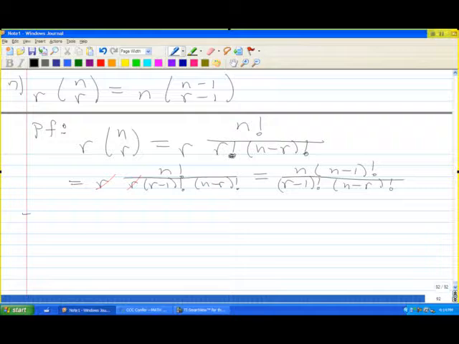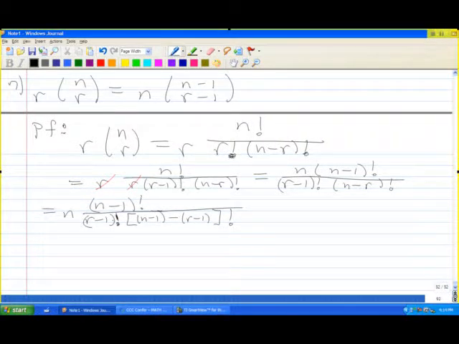Which is equal to, let's write the n out in front, so it's n times n minus 1 factorial over r minus 1 factorial. Note that n minus r is the same as n minus 1 minus r minus 1, which is, by definition, just substituting n minus 1 for n and r minus 1 for r, n minus 1 C r minus 1.